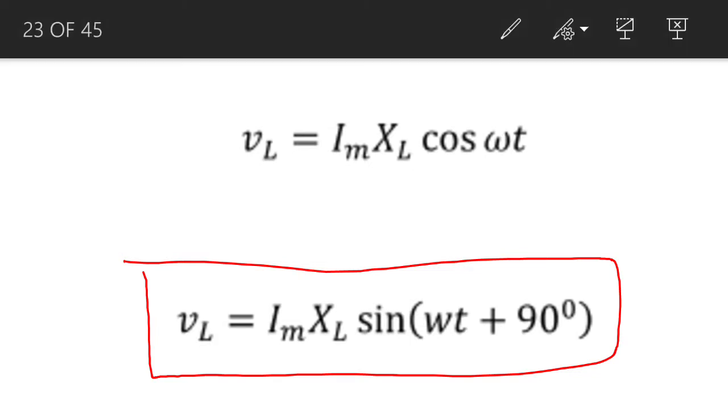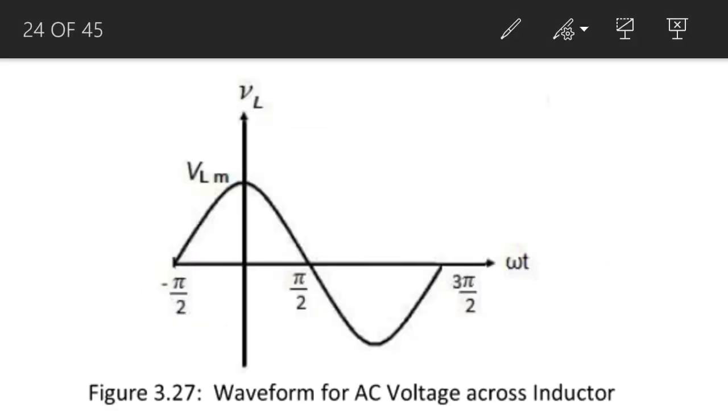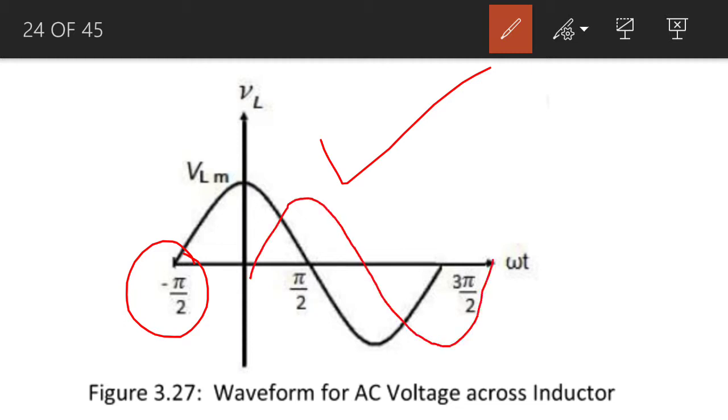So we consider the waveform for the AC voltage. Here is the waveform for the AC voltage across the inductor, and you see the AC voltage across the inductor leads the current by 90 degrees. You see the AC current starts from over here.